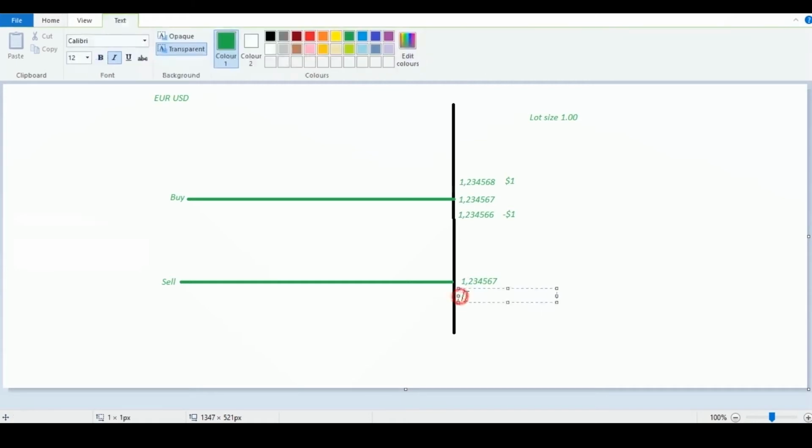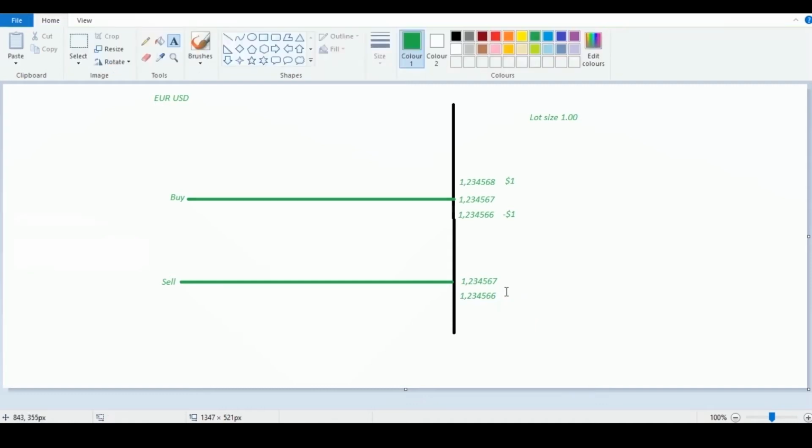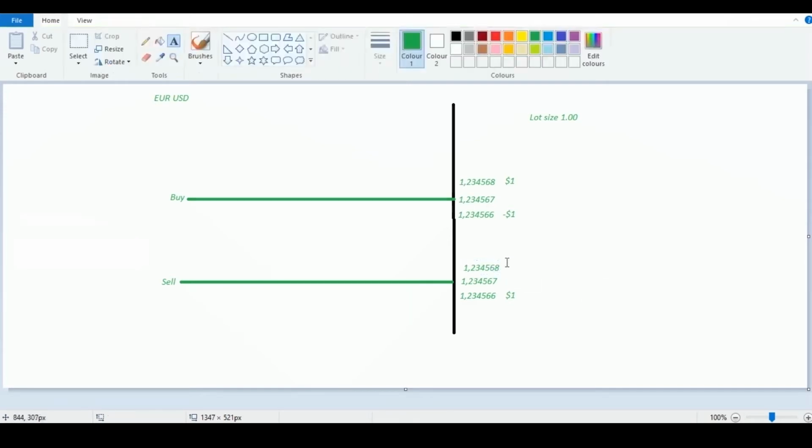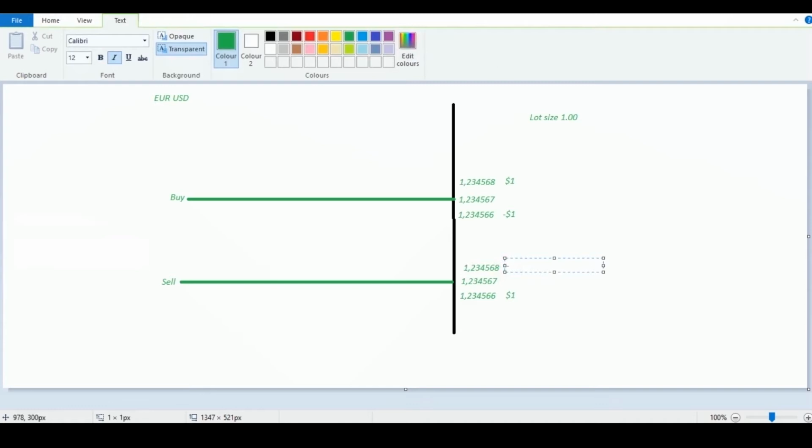And price moves down to 1, 2, 3, 4, 5, 6, 6. Then, if you are trading a lot size of 1.00, then you will be making $1. But if price moves up to 1, 2, 3, 4, 5, 6, 8, then you will officially be losing $1.